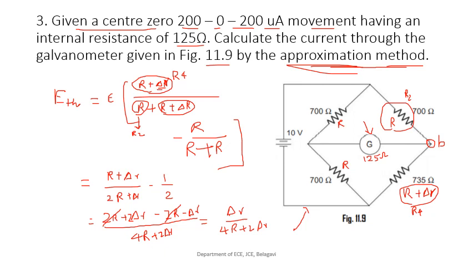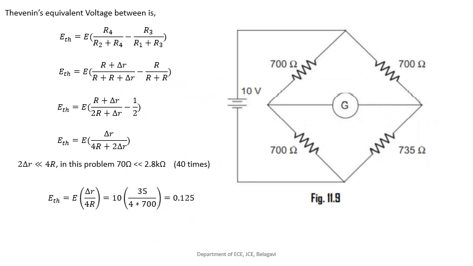Okay, similarly we have an equation for RTH also, we will see it on the next slide. So this is simplified. You have ETH is equal to E times this general equation. The first equation which you see is the general equation. Then you have to substitute for the given values.